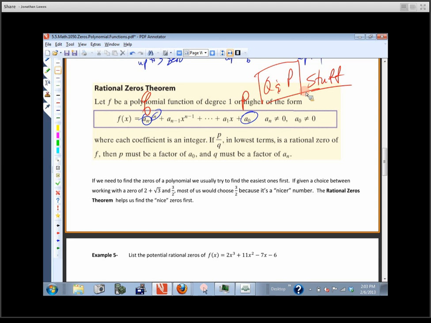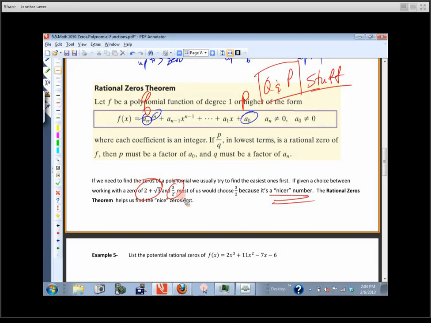So what this theorem allows us to do is help us find the rational zeros. It helps us find the nice ones first. And by nice, we mean ones that are written as fractions. So do you want to find things like this? Or do you want to find ugly zeros like 2 plus radical 3?